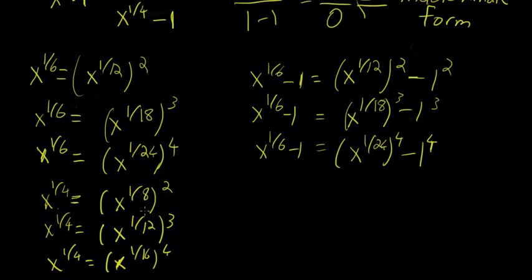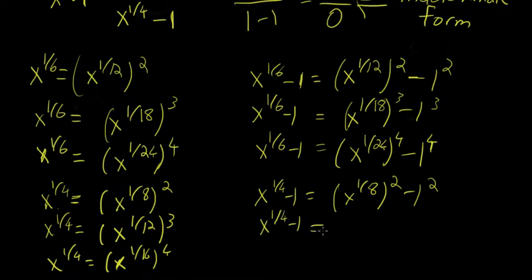If we wanted to express x to the 1/4 minus 1 as the difference of perfect squares, we'd say that's x to the 1/8 squared minus 1 squared. If we wanted to express it as the difference of perfect cubes, we'd say it's x to the 1/12 cubed minus 1 cubed.